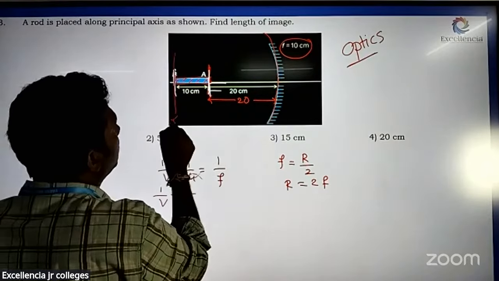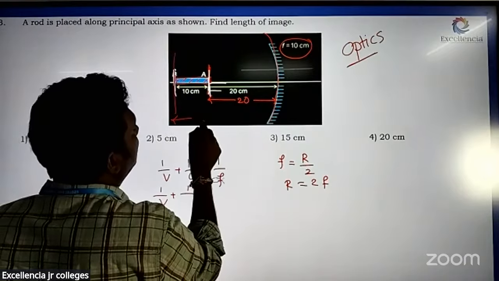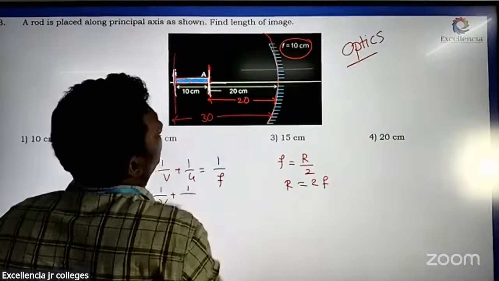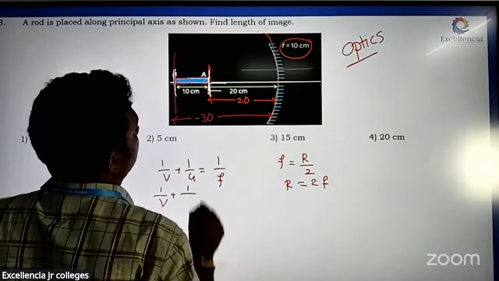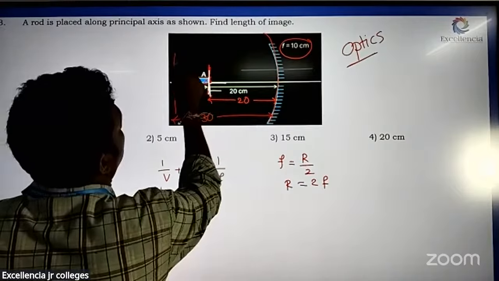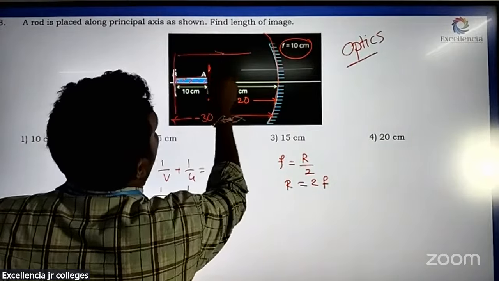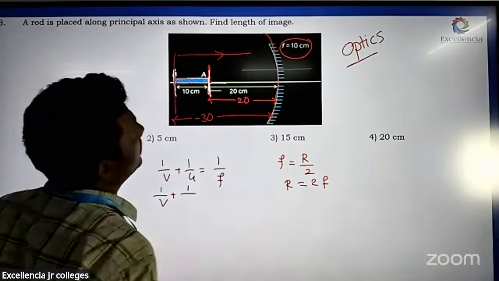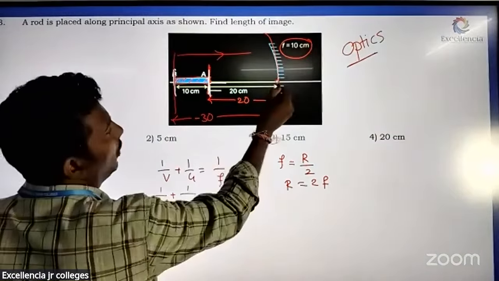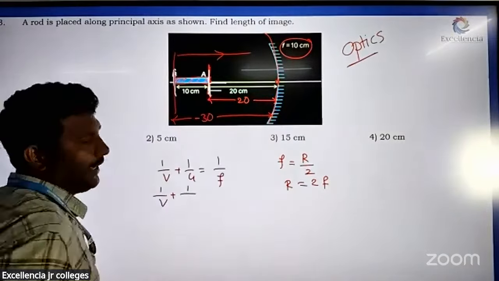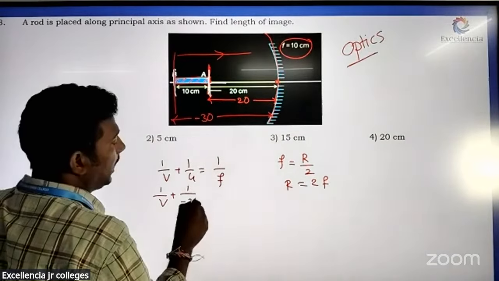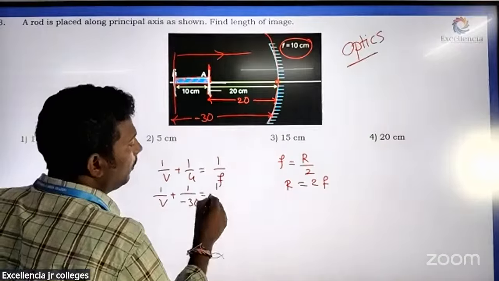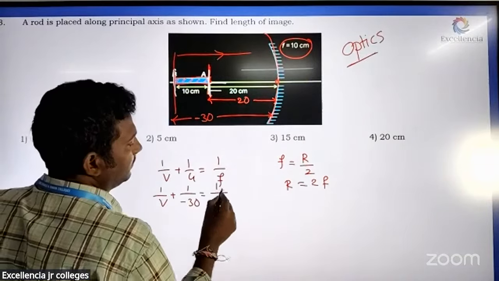It is 10 plus 20, which is 30. According to sign convention, you will get minus 30, because the ray will be travelling towards the mirror, but we are measuring opposite to the ray direction, so we get negative 30, and the focal length also is minus 10.